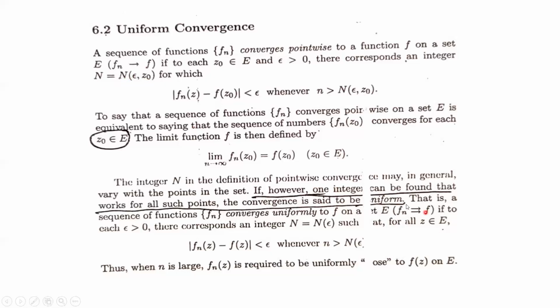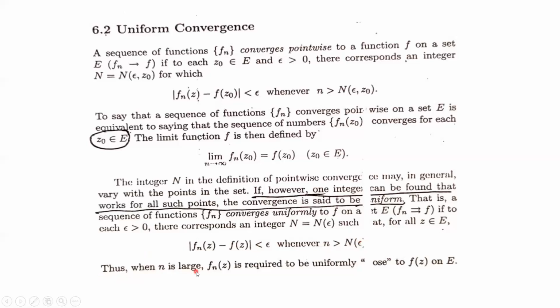In mathematical form, a sequence of functions f_n converges uniformly to f on a set E, where the double arrow refers to uniform convergence, if for each epsilon greater than 0 there is a corresponding integer N which depends only on epsilon, no other thing, such that for all z belonging to E, and this is very important, the modulus of f_n(z) minus f(z) is less than epsilon whenever n is greater than N. This N is a natural number that depends on epsilon only.